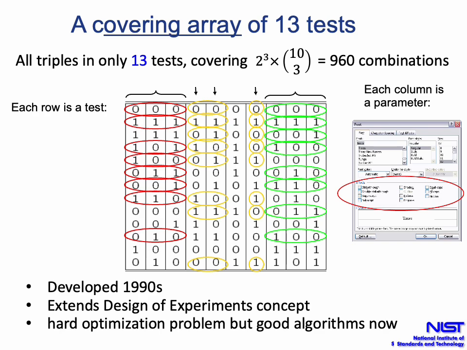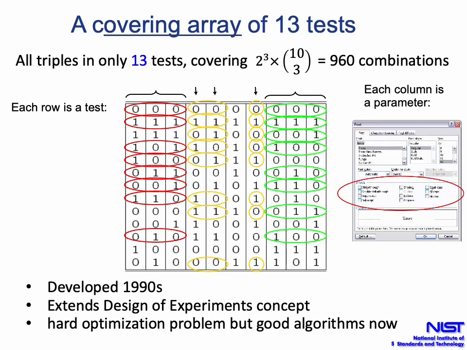If we look at the first column covered in red, for example, we have 0,0,0 in the first line, 0,0,1 about halfway down, 0,1,0 is the last circled there, and so on. So we've covered all 8 possible settings for every three-way combination of these 10 variables in only 13 tests. So this is a valuable result for testing.